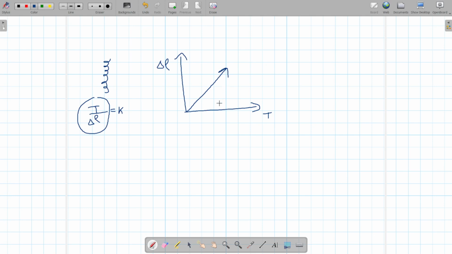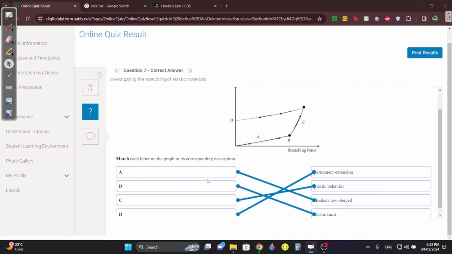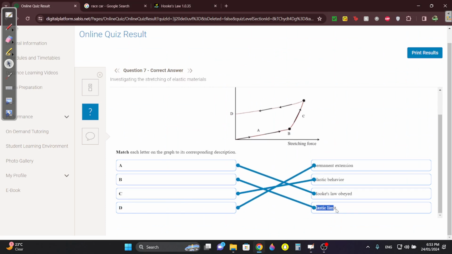Until there's a point where you keep on pulling the string, and let's say at 15 newtons, the string broke. So it's going to keep on extending, obviously, but it's going to extend like this now. It was going up straight, then it breaks, so it changes course. That's what we call the elastic limit.